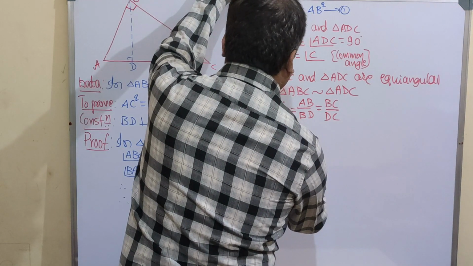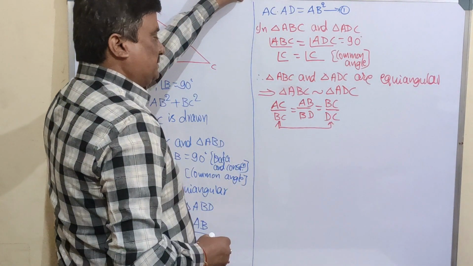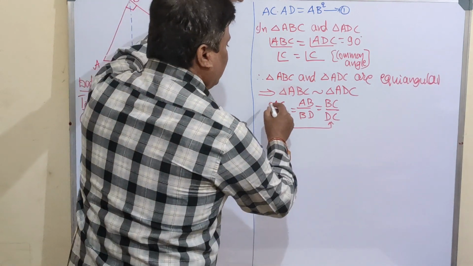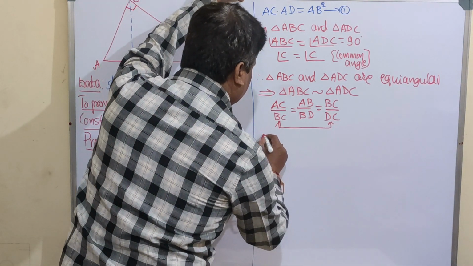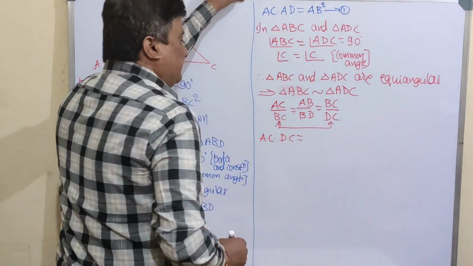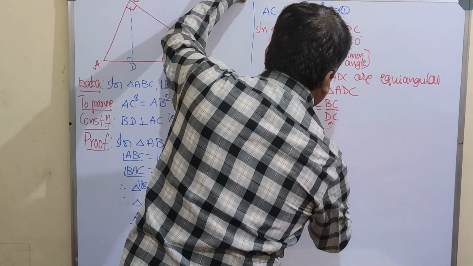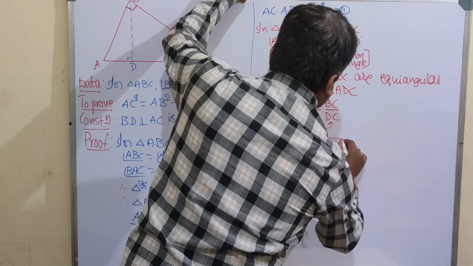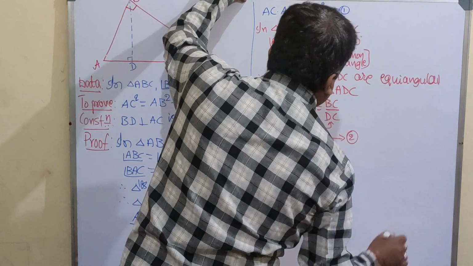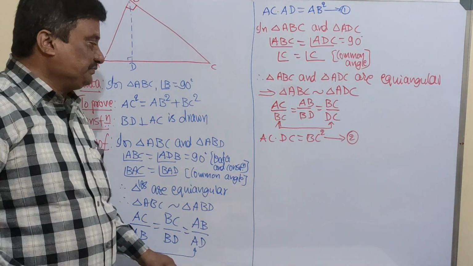If you consider these two ratios, what will I get? AC into DC is equal to BC square. Let's call it equation 2.